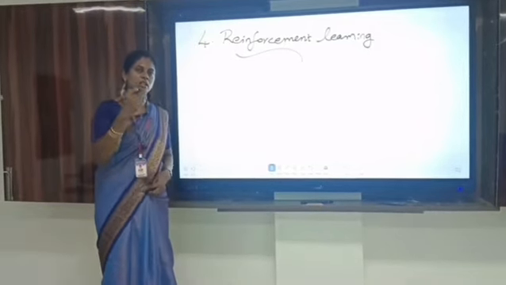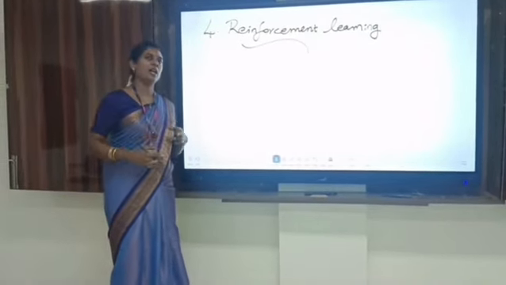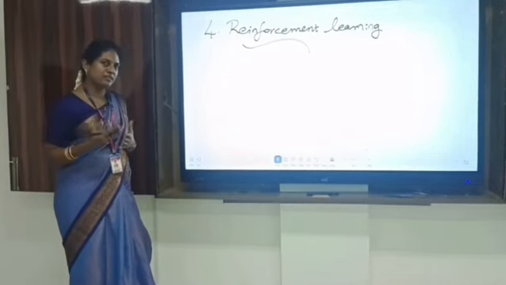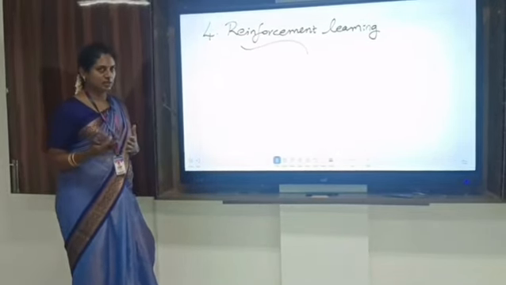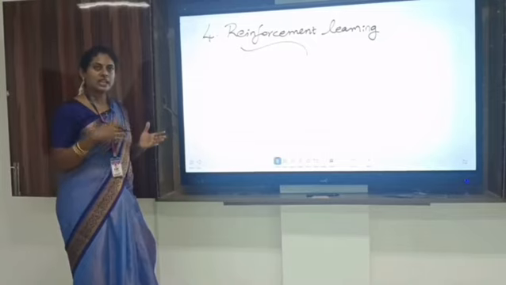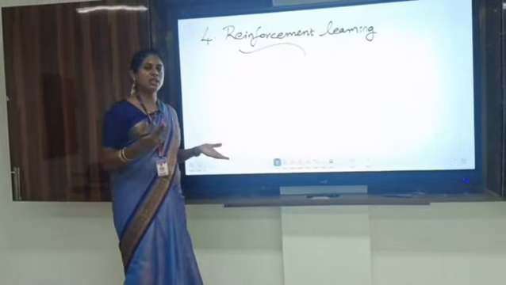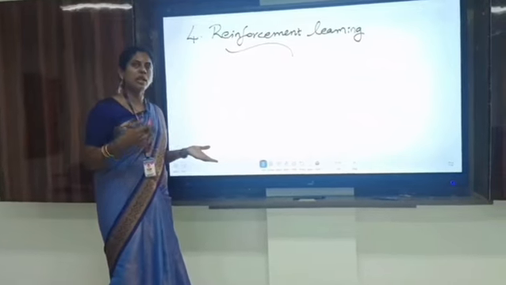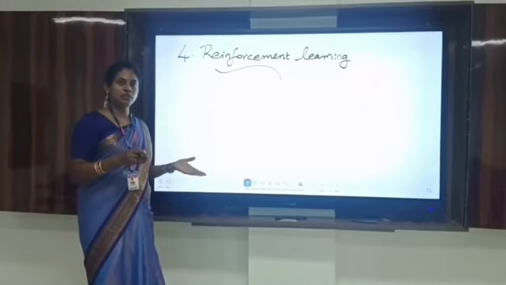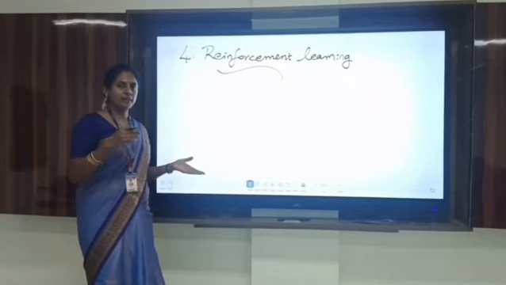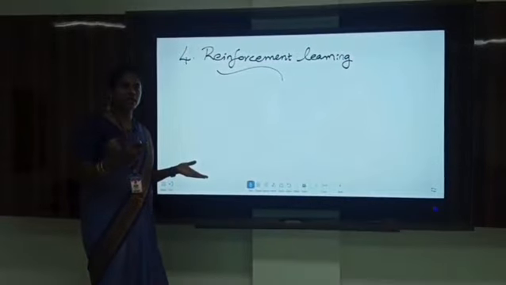Here the agents learn from the environment by performing some actions and seeing the results of the actions. For good actions, they get positive feedback or a reward, and for bad actions, they get negative feedback or a penalty. In reinforcement learning, the learning is mainly based on the feedback.